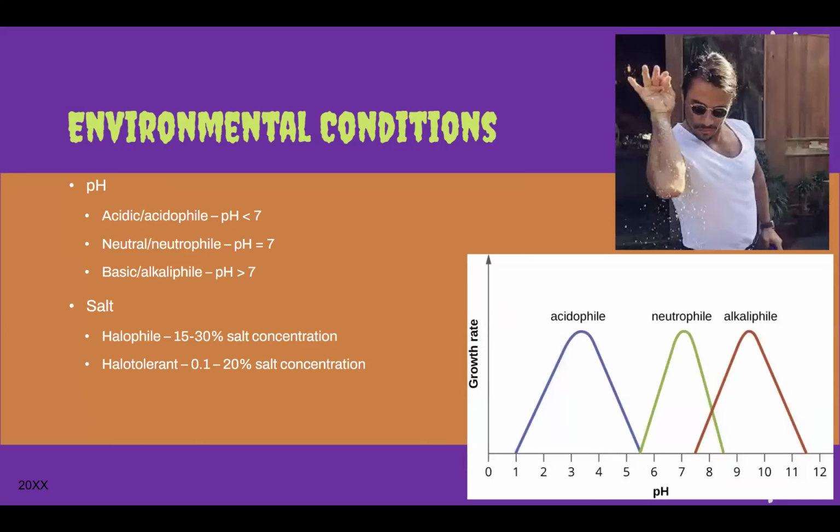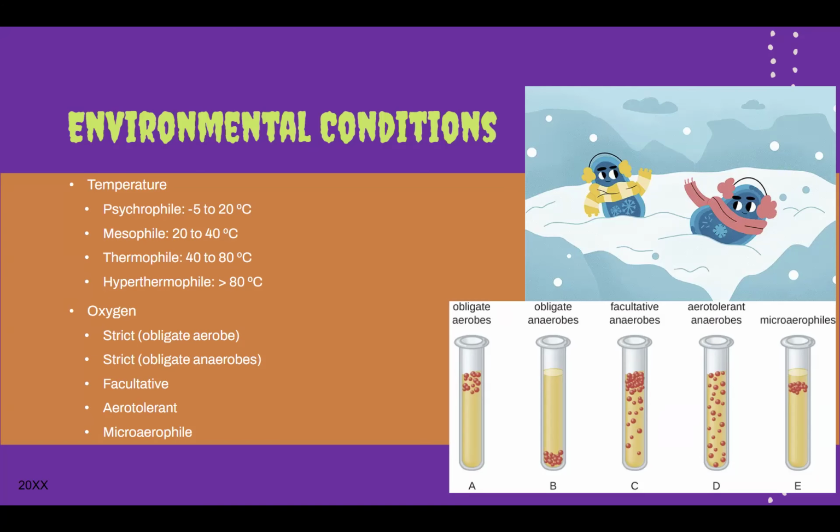And then you have pH and salts, where you have acidophiles, neutrophiles, and alkalinophiles on the pH side, and for salt you have halophiles and halotolerant. I don't necessarily expect you to have too many questions on this, but if I was going to give a question on the environmental conditions, it would be under these two specific things.